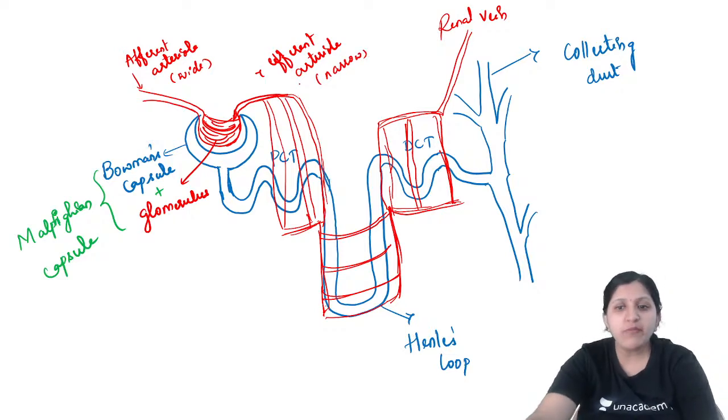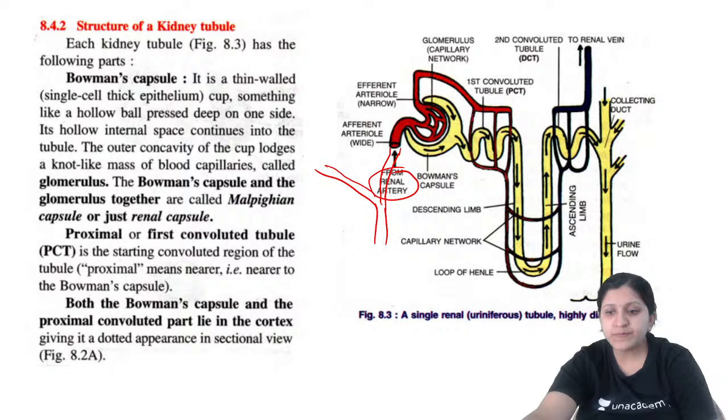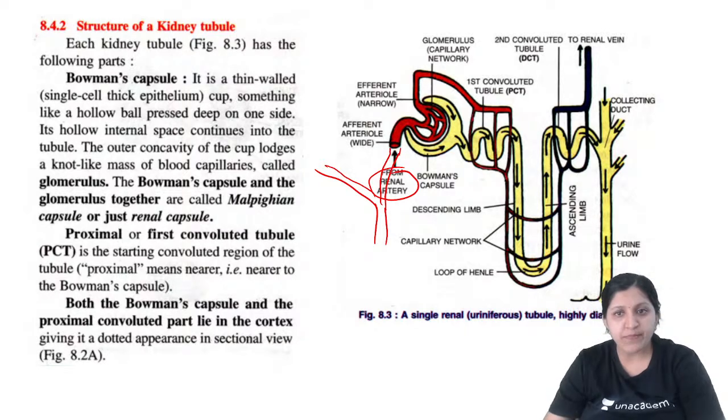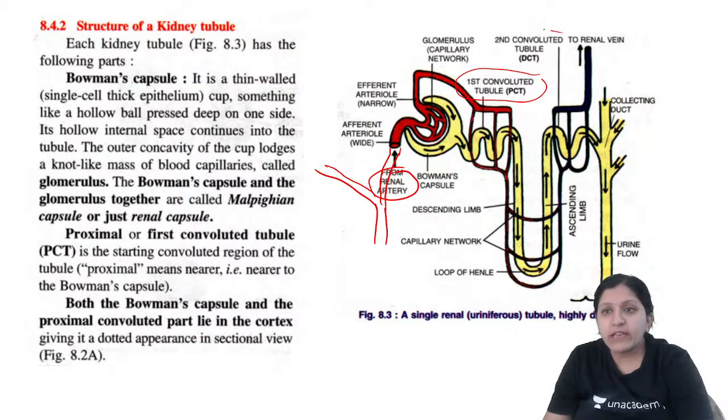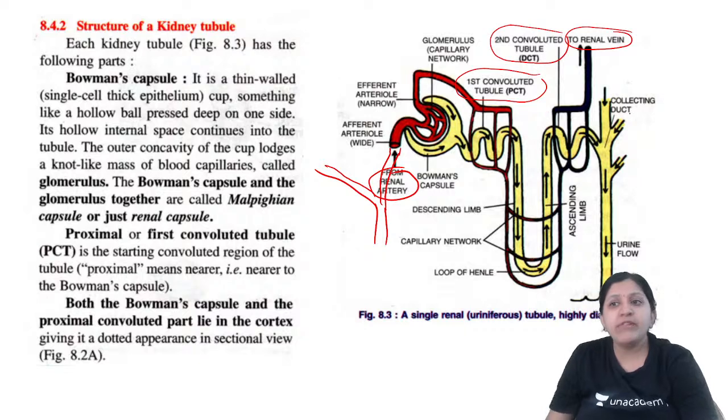Now moving on to the next part. Other than that, you can see the first convoluted tubule, this I have labeled, then the second convoluted tubule I have labeled, then the renal vein I have labeled, the collecting duct is labeled, and urine flow we will see. This one is a Bowman's capsule, this is labeled.